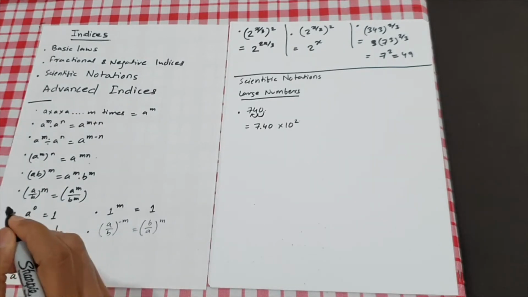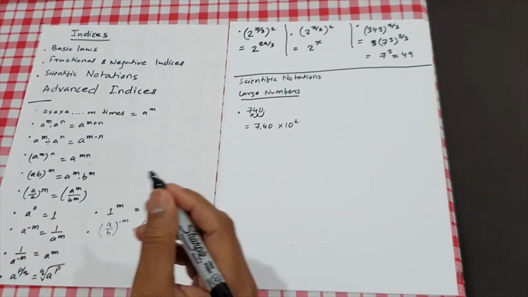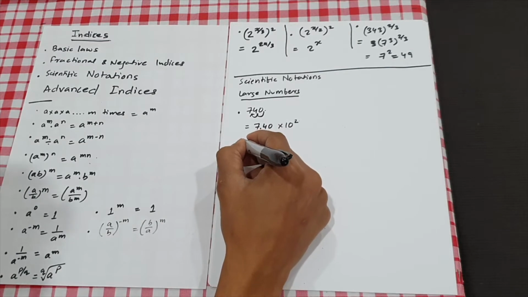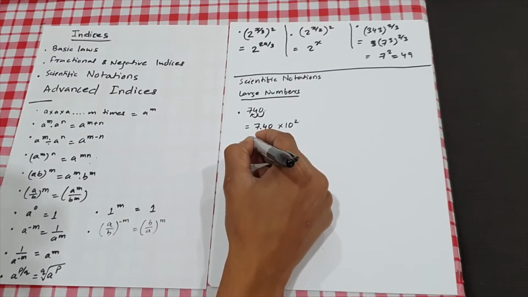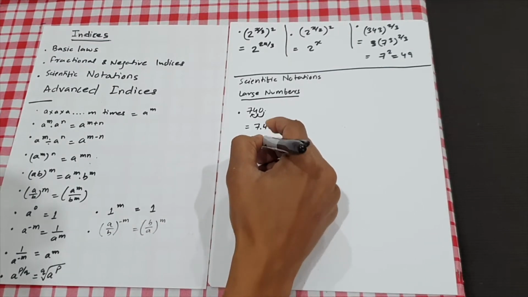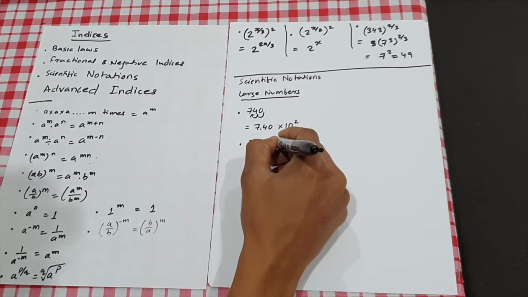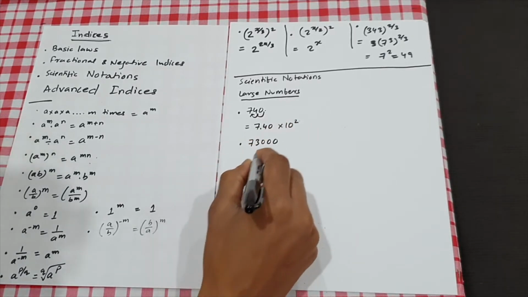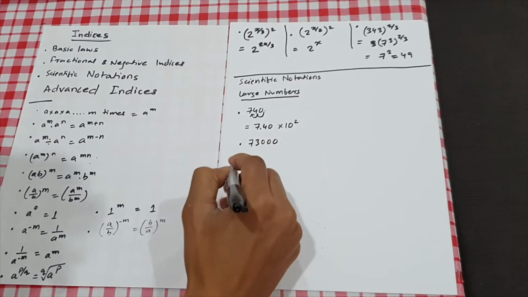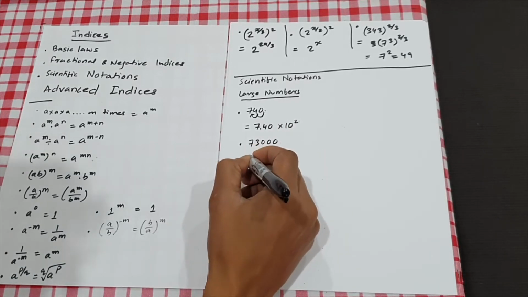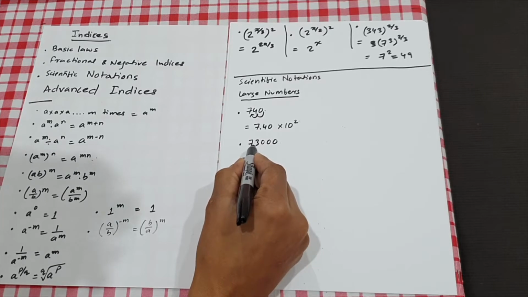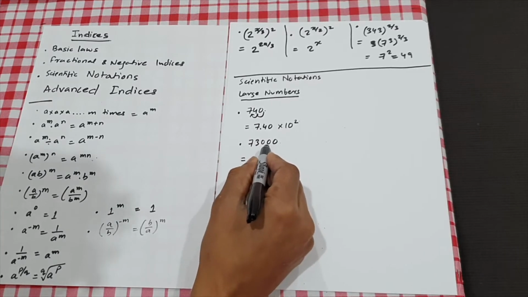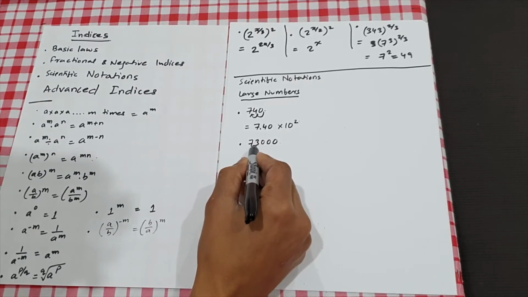Okay, so let's take another example. If it was 73000, same process, the decimal is lying here currently. Where do I have to move? I have to move it just here. So 1, 2, 3, 4.